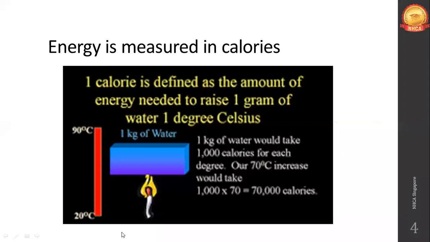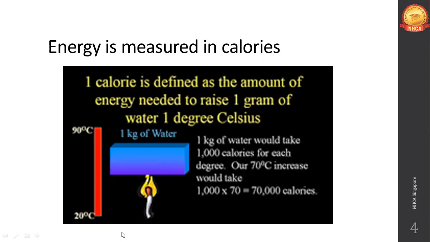So energy is measured in calories. When we say what is a calorie, 1 calorie is defined as the amount of energy required to raise 1 gram of water by 1 degree Celsius. Let's say you have 1 kg of water at 14 degrees Celsius and you want to raise it to 15 degrees Celsius.